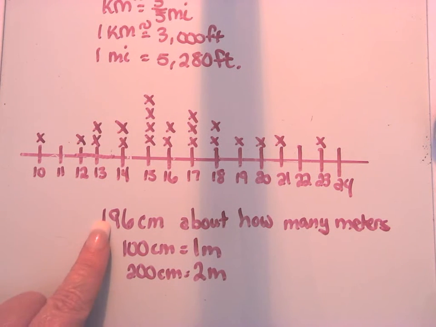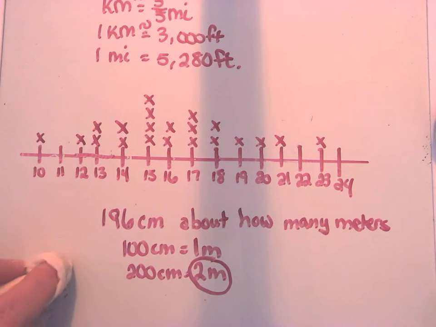So 196 would round to 200, and there are 200 centimeters in 2 meters. So about how many meters would that be? That would be 2 meters. That's how we would use it when we're rounding centimeters to meters.